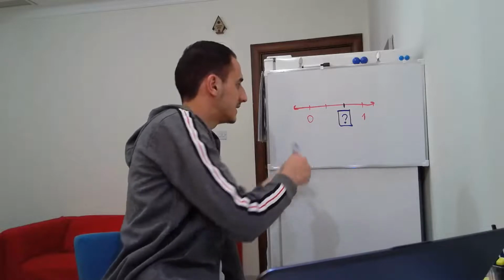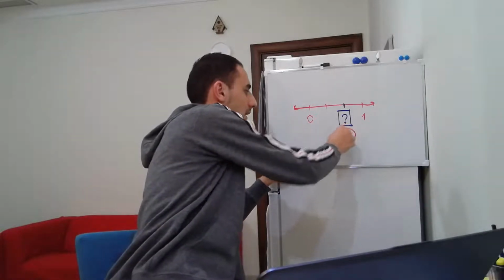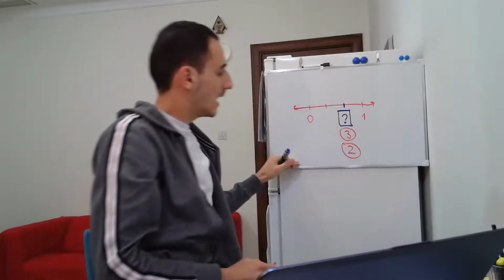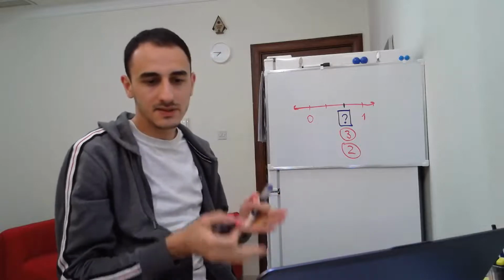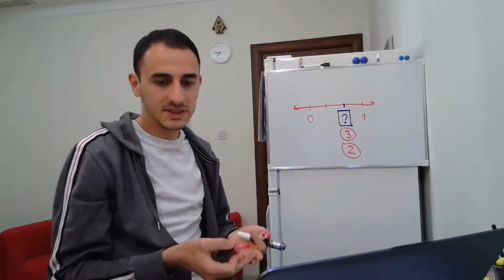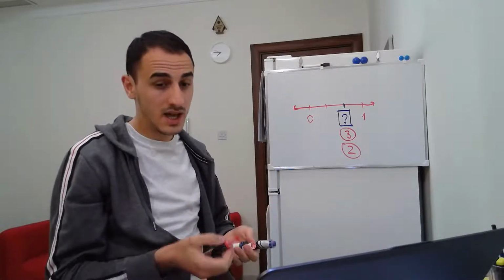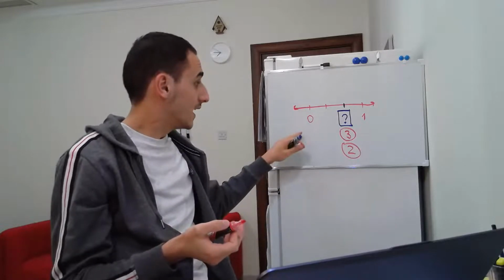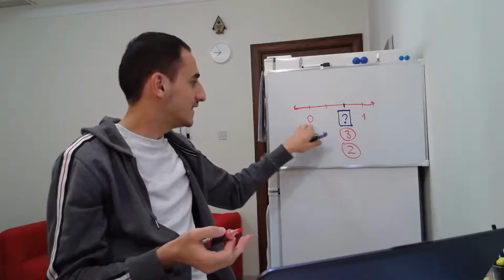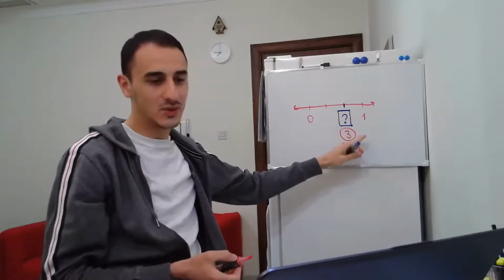For example, let's say they count 1, 2, 3. They write 3. Some of them wrote 2. Instruction says write the missing fraction, but you wrote 3 or 2. The first mistake is that it says fraction, but you wrote a whole number. The second mistake is that if you look at the picture carefully, it is 0 and then 1, and 3 cannot be between 0 and 1.